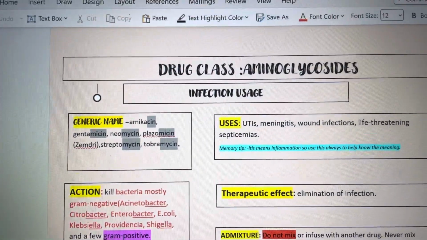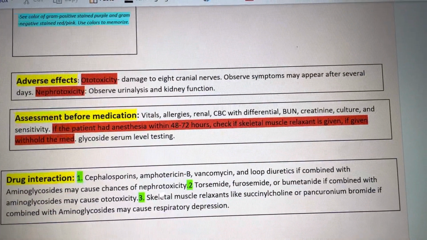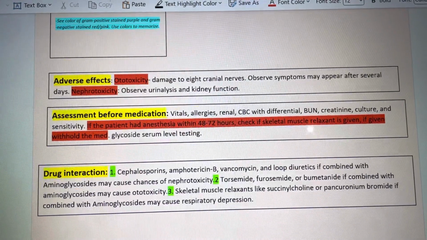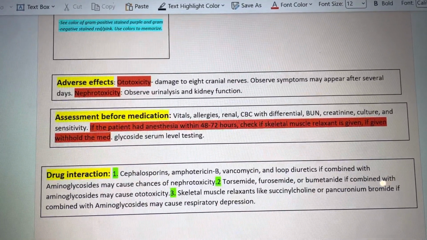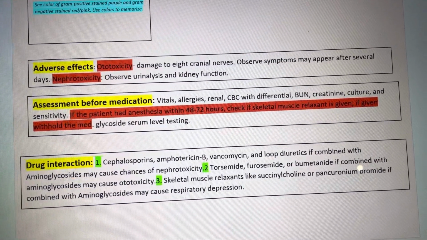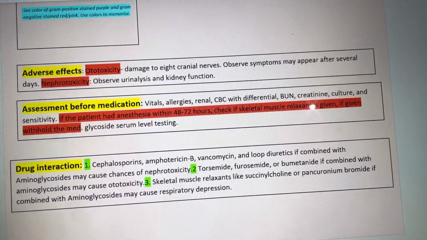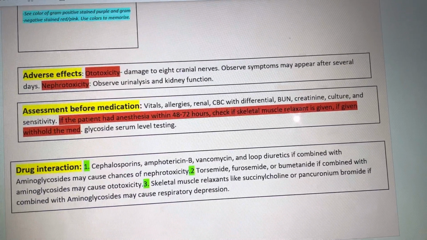And now we are going to talk about some side effects and some assessments, like what we assess when we give this medication, and then we're going to talk about some drug interactions too. So it's very important that before we give the drug, we need to assess and look at the different labs, because we want to check if the patient is allergic.